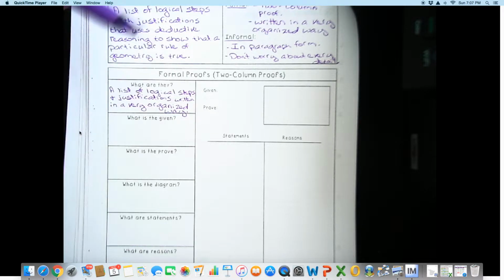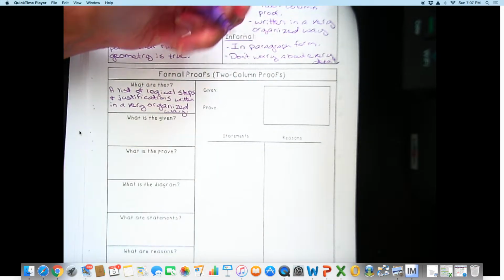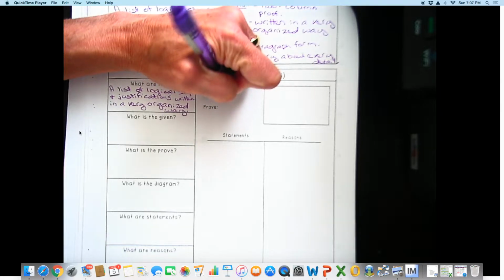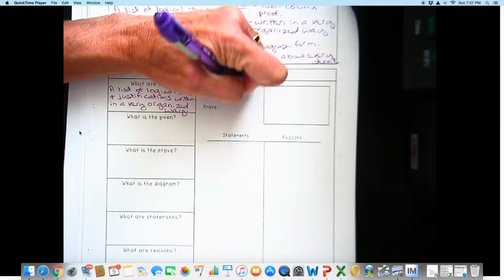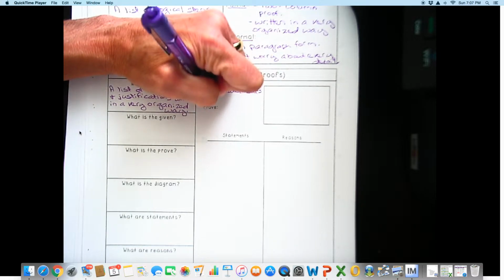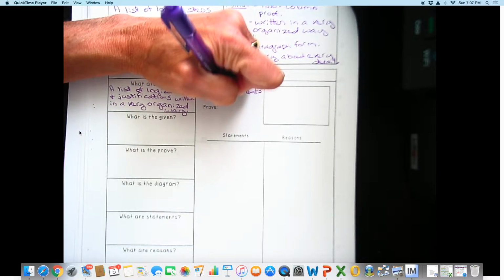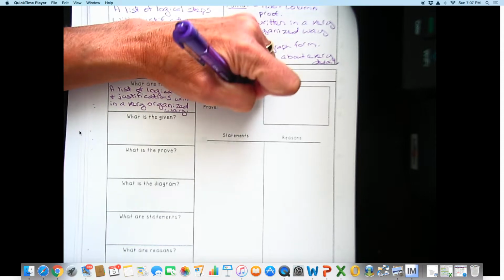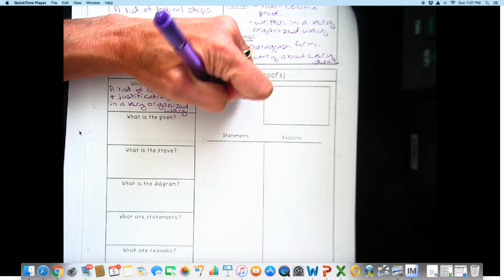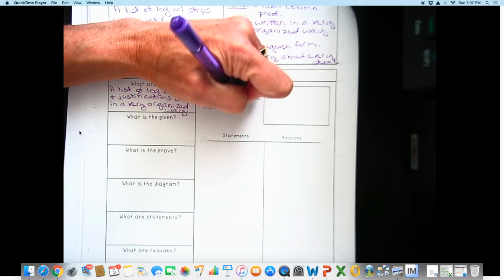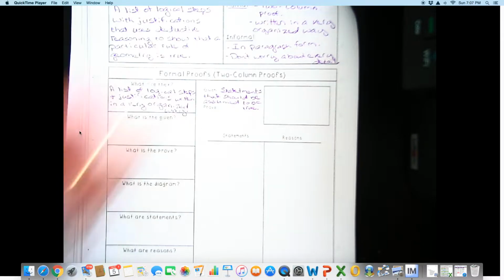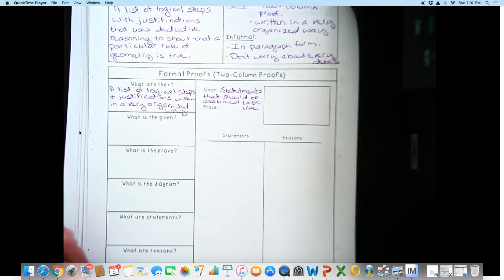These are the statements that should be assumed to be true. So we're assuming that those are true because they gave it to us.